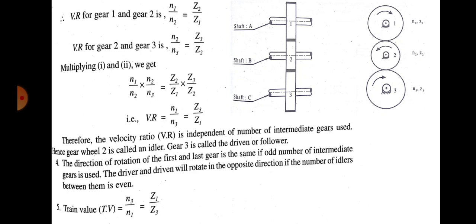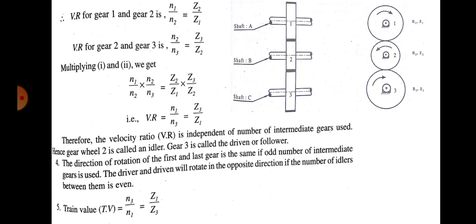What does this say? The velocity ratio is independent of the number of intermediate gears used. If you observe, there are 3 gears here, and we get N1 by N3, first by last, equal to Z3 by Z1. There is no importance of Z2 in finding the velocity ratio.